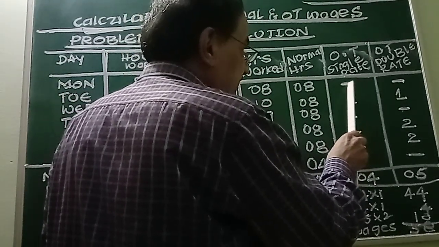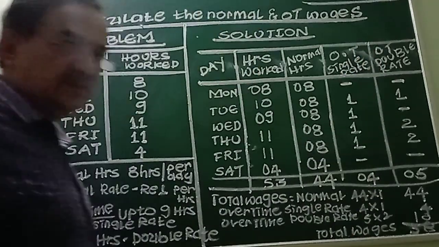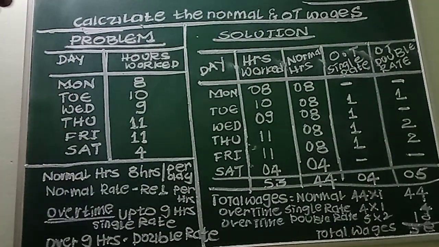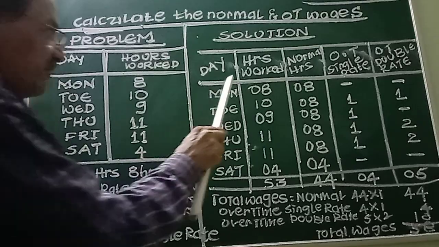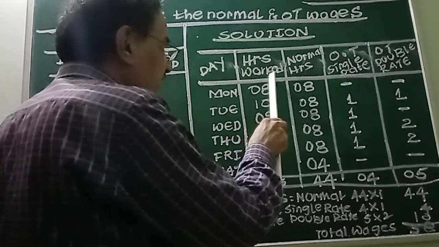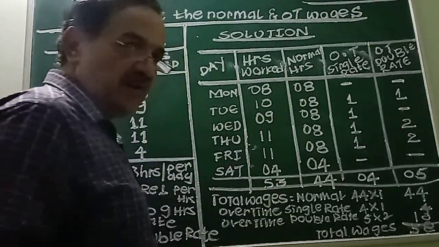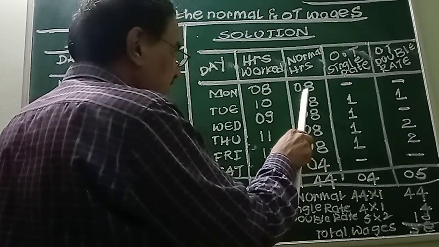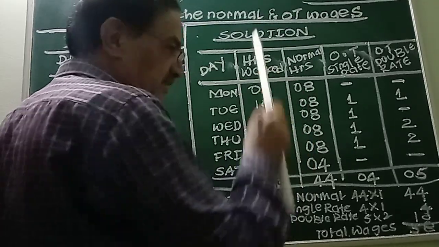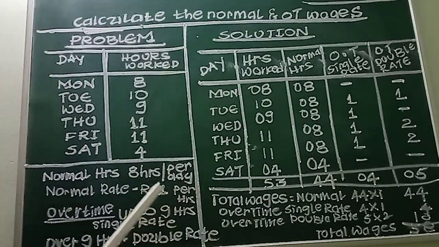That is why dash, nil, nil. He will not get any overtime wages either at the single rate or at the double rate, because the number of hours worked is equal to normal hours. Normal hour is 8 and he has worked only for 8 hours.